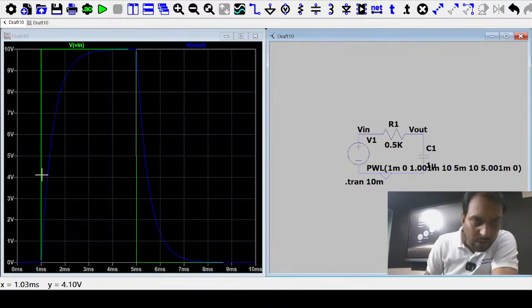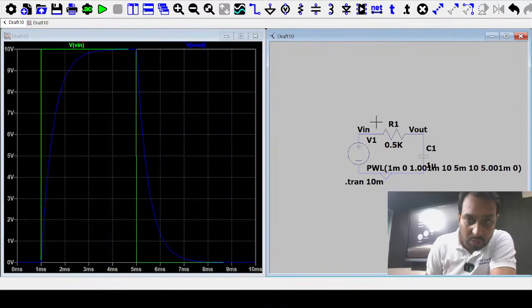The input voltage changes suddenly, but the output changes exponentially, because in the RC circuit the capacitor has a limited amount of current and does not have a sudden change. So the capacitor charges exponentially or discharges exponentially. Here the capacitor is charging to 10 volt with a time constant, and discharging with a time constant.